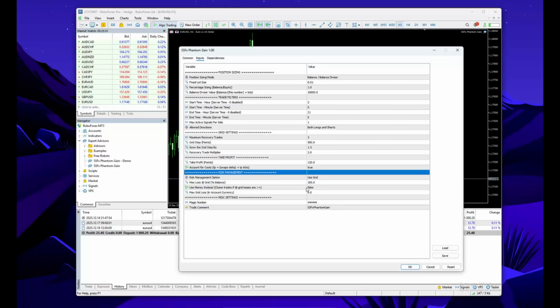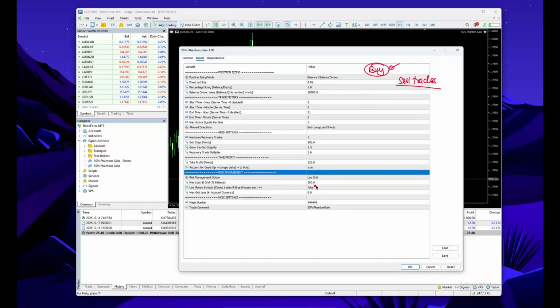Otherwise, the next setting is the maximum loss, which is the maximum loss per grid. Assuming you have your setting for the maximum active signals set to 1, and this one is set to both longs and shorts, if you have a buy grid that's currently in loss and you have sell trades, it will keep trading the sell trades and the buy trades, taking profit.